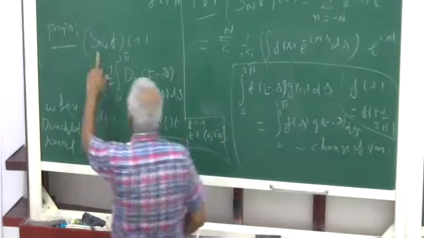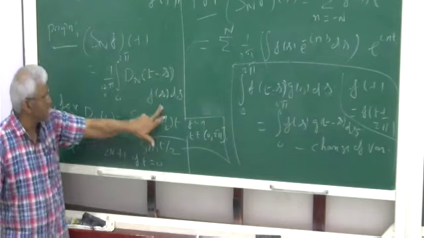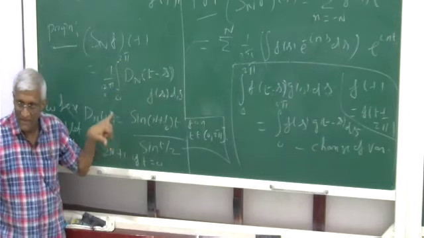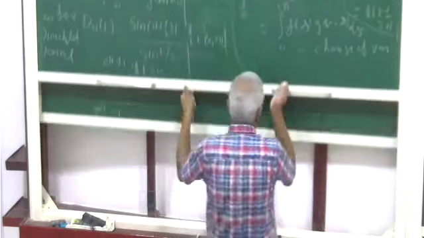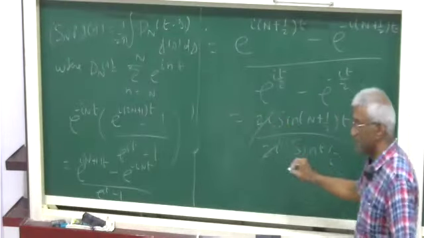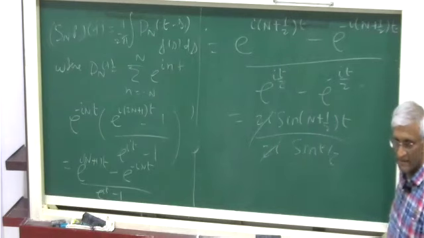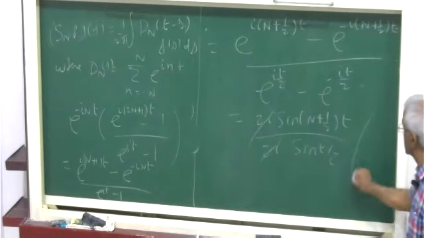So if S is f of s, then D_n is this. Okay. So we get this. Good.